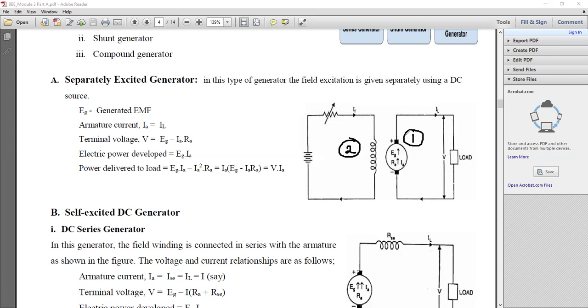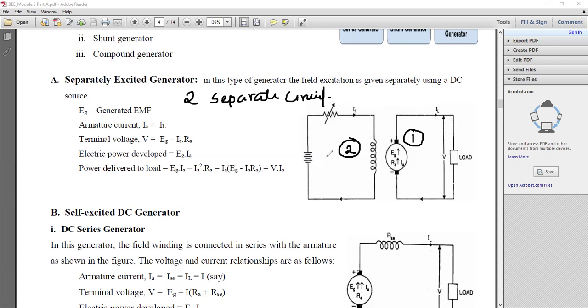You can see the armature and field winding. In order to produce the magnetic field, armature and field winding are two separate circuits. Armature is given over here, and this is your field winding.